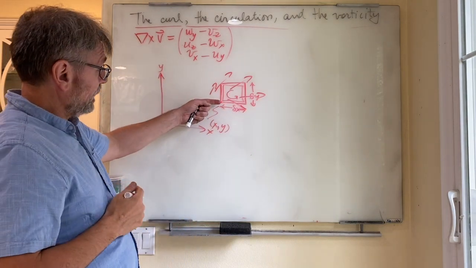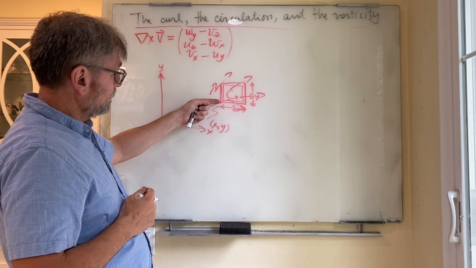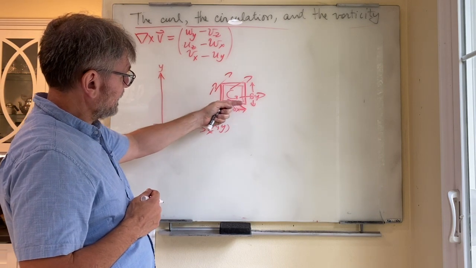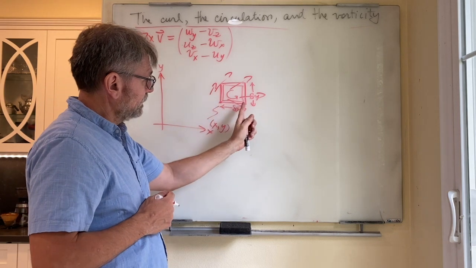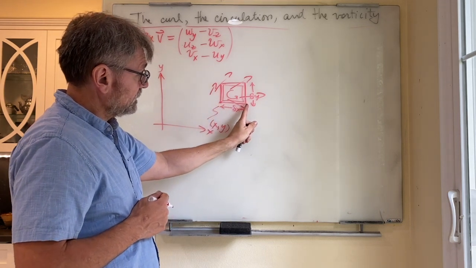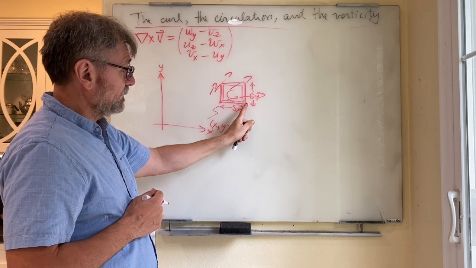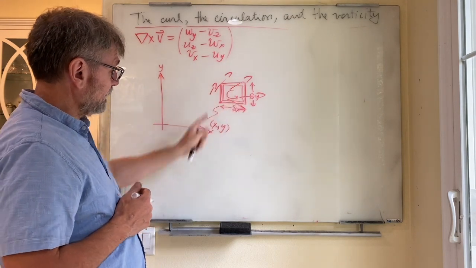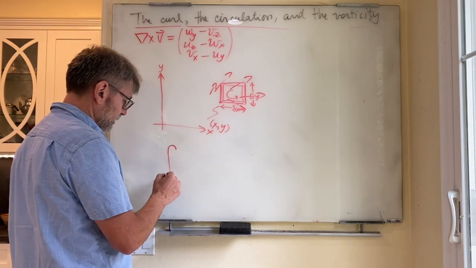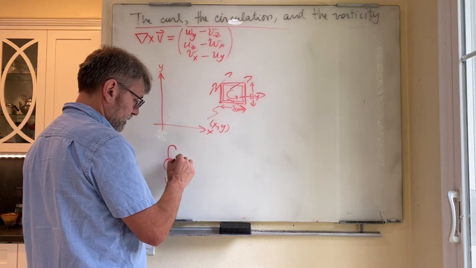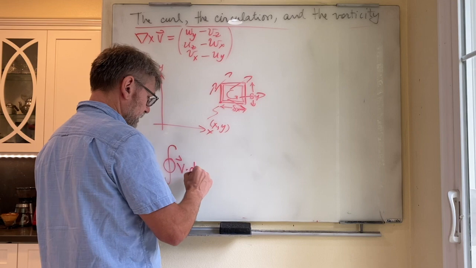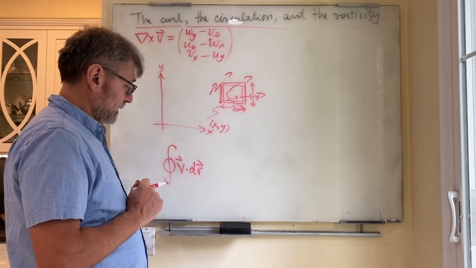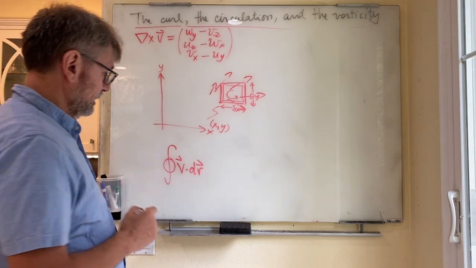And I integrate v dotted with the distance. So the velocity times the distance around this side, the speed along this direction times this distance, and I go along the loop. I do that integral. In other words, if I do this loop integral of v, the velocity vector, dotted with a little vector element of length dr, what do I get?